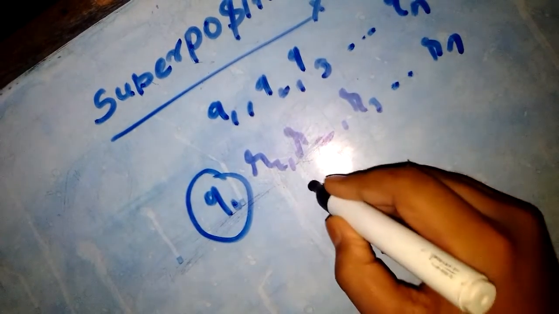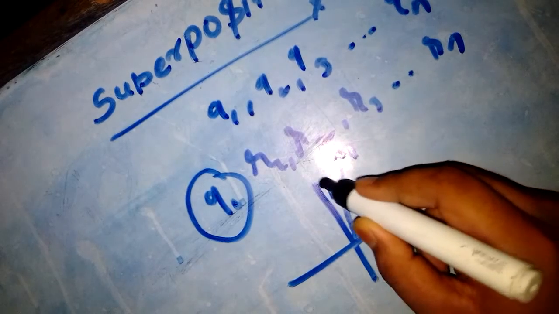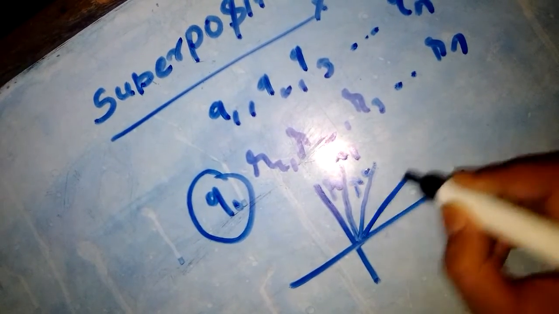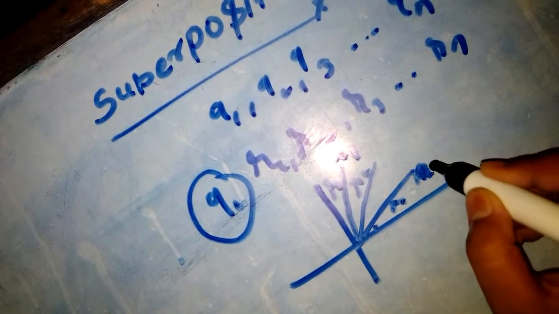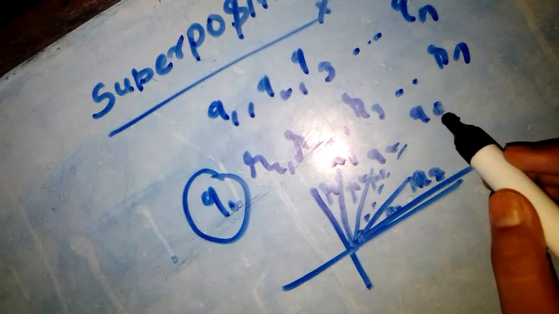Q1 at position R1, Q2 at R2, Q3 at R3, and we will go up to Qn. Suppose there is a charge Q0 at position R0. We have to calculate the force on Q0.